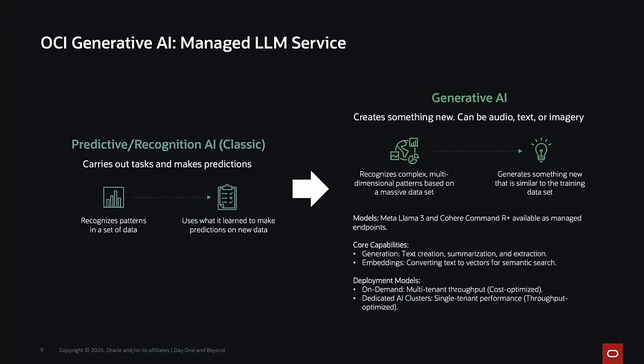Now, you can use these on demand, so you're sharing infrastructure for a lower cost, or you can do it on dedicated AI clusters as well. And dedicated clusters are huge for enterprise because you're receiving basically a private lane of GPUs. So you have no noisy neighbors, guaranteed throughput, and your data never leaves that private enclosure. So you have different ways to deploy these.